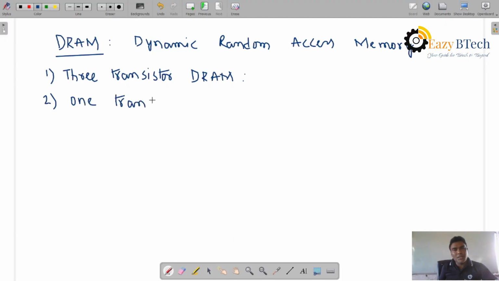How will it be designed? DRAM is dynamic data storage, with examples and applications. Let us see this one.